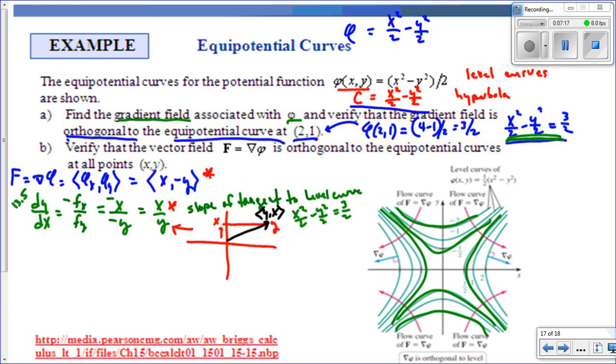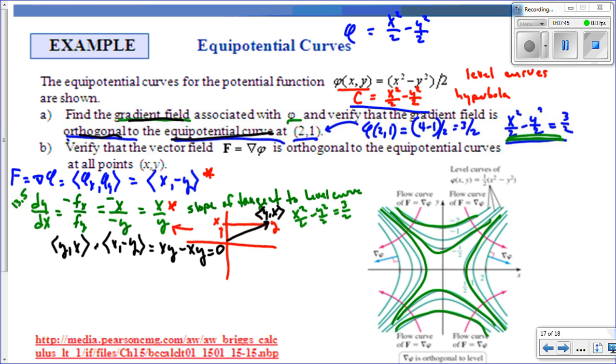Now take the vector y comma x, which is representative of the tangent line slope for the level curve, and take the dot product of that with the vector field, x, negative y, and you get xy minus xy, which is equal to 0. So that shows that the gradient field associated with phi is orthogonal to the level curve.